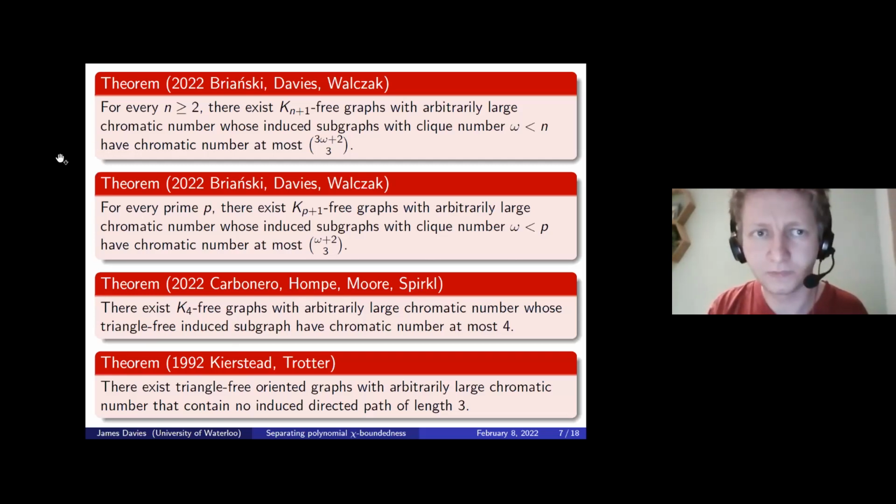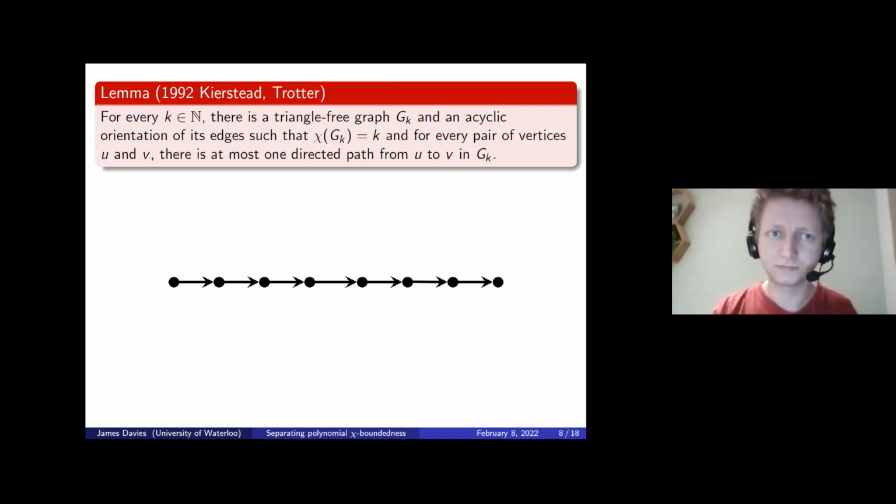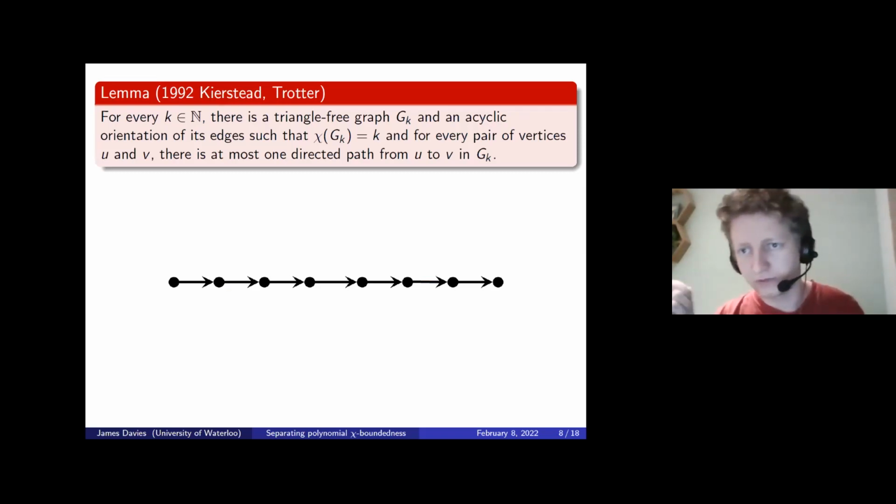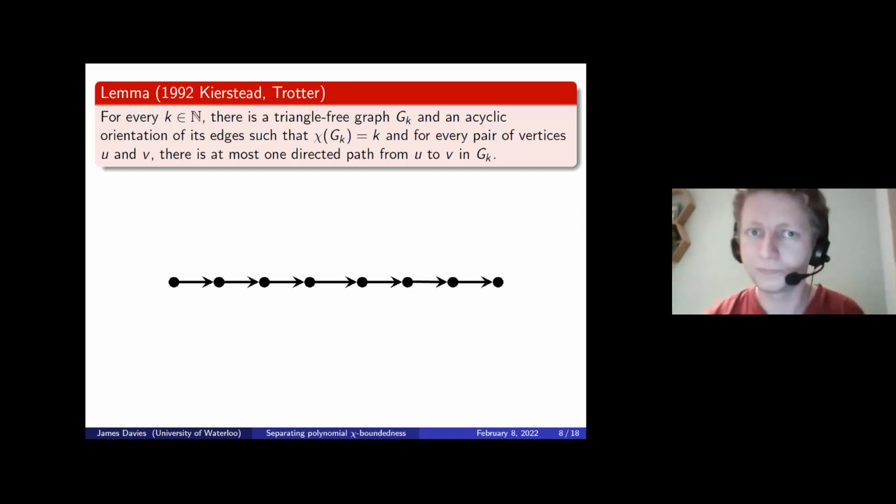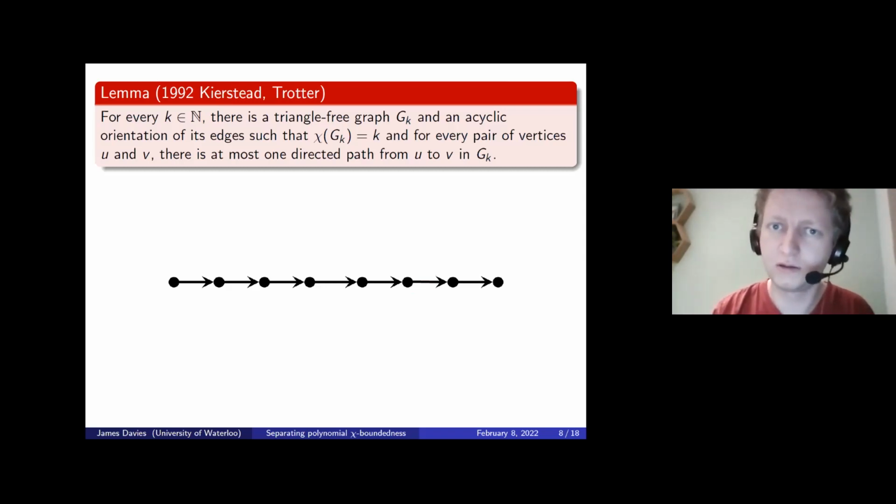Okay. So like with those two constructions, we start with the following lemma. What we start off with is triangle-free graphs with large chromatic number, so that they have an orientation that's acyclic, and so that between any pair of vertices, there's at most one path between them.